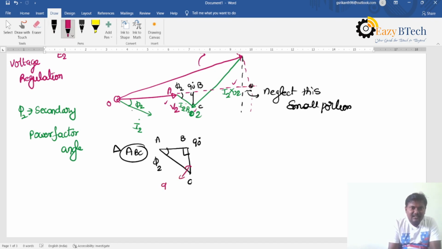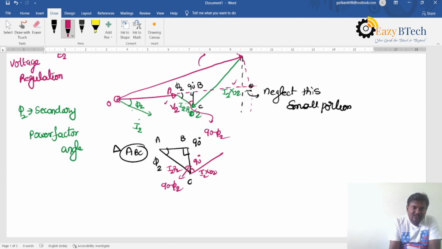It is 90 minus phi 2. But what is the angle between I2 R02 and I2 X02? I2 X02 is exactly 90 degrees.